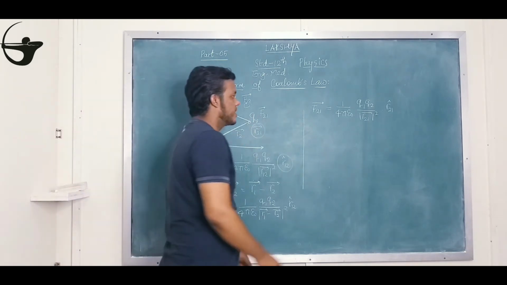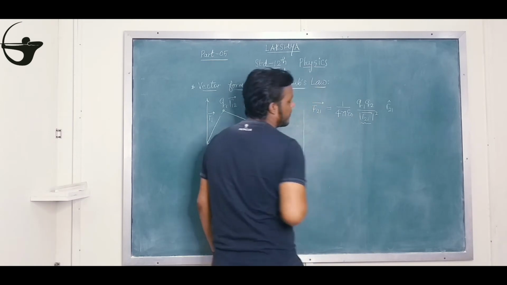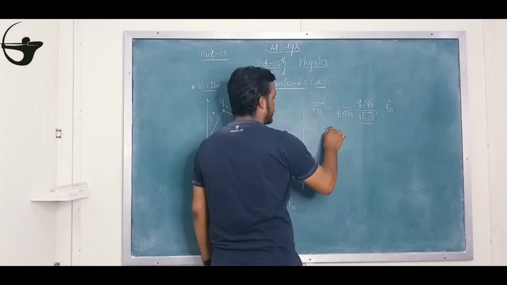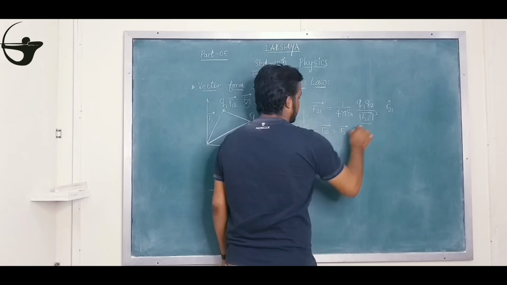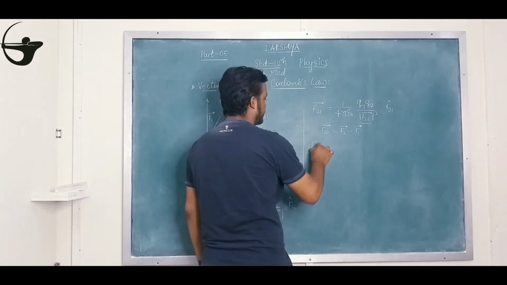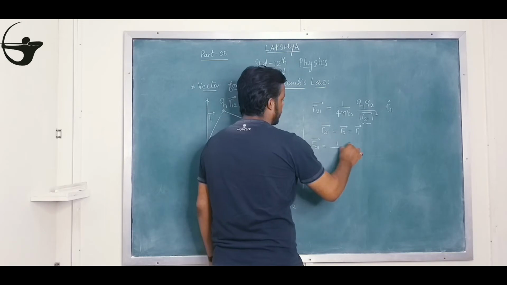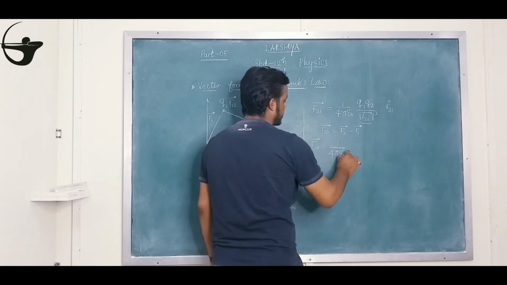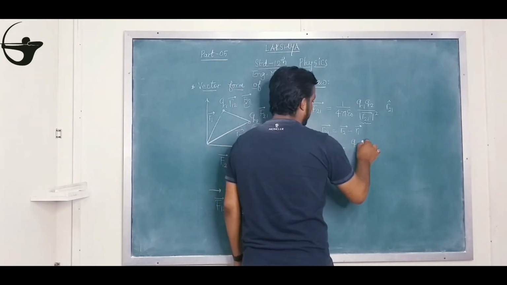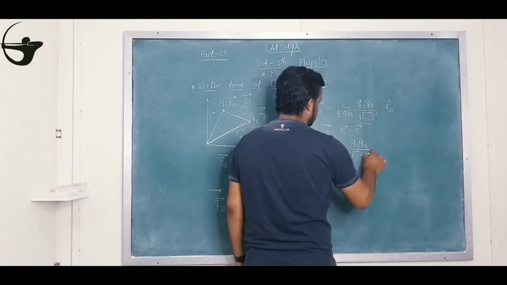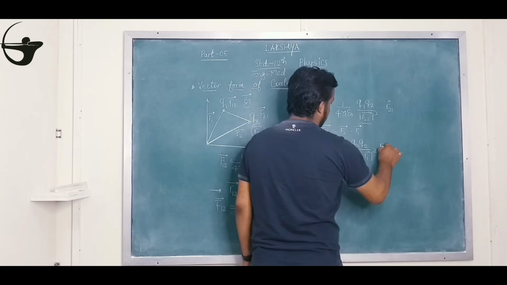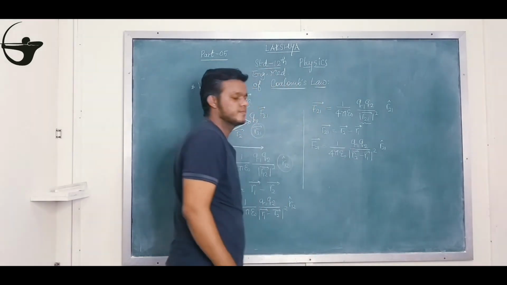We know what will be in place of r21 bar: r21 bar equals r2 bar minus r1 bar. So F21 bar equals 1 upon 4 pi epsilon 0, q1 q2 upon mod of r2 minus r1 square, into r21 caret.